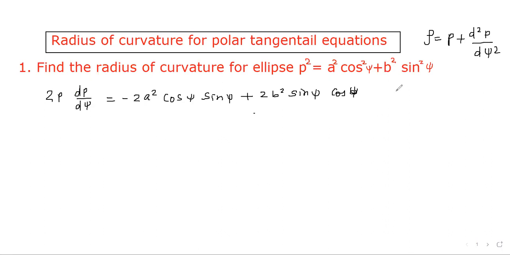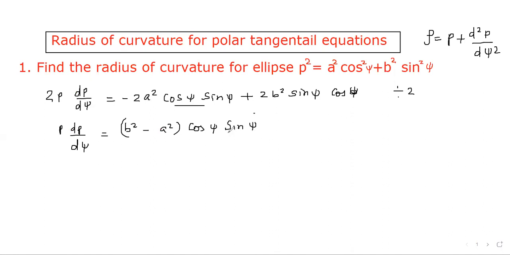Here we can divide each term by 2. So we will get p dp/dψ equal to, cosψ sinψ can be taken common, so it will become (b² − a²) cosψ sinψ.